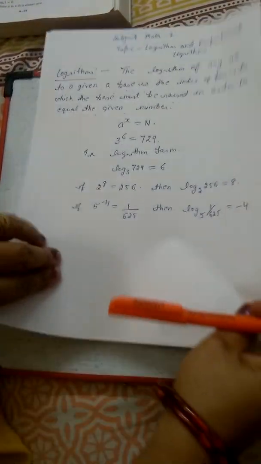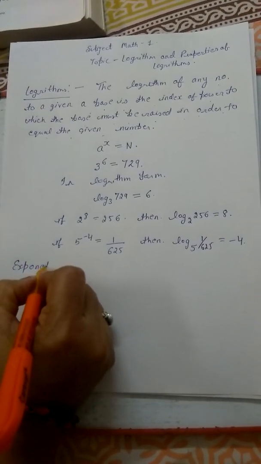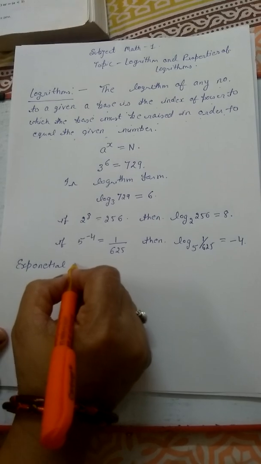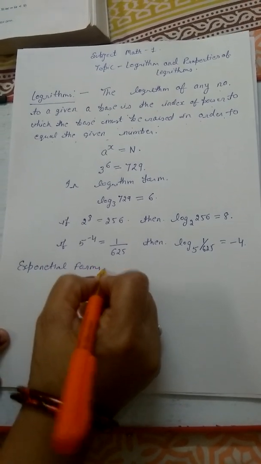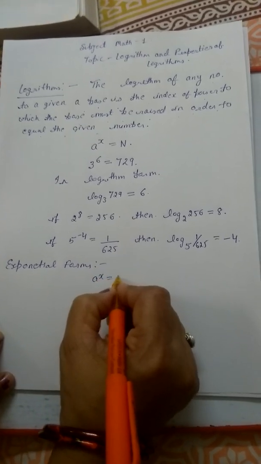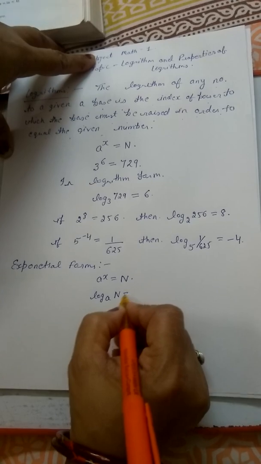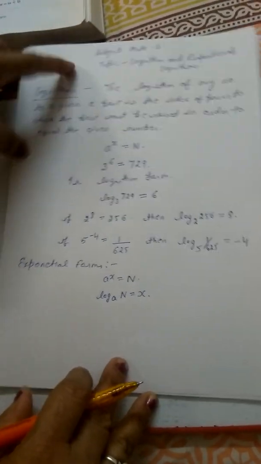This is the logarithm form. Next is the exponential form. By definition, a^x = n and log_a n = x.